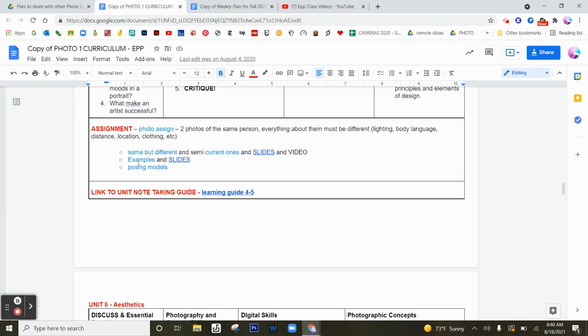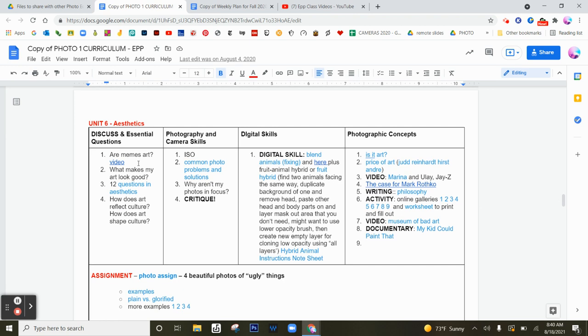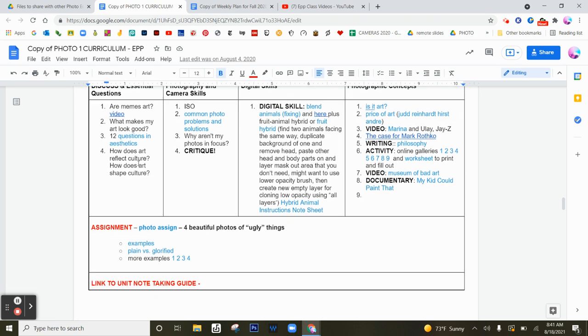So you get a different kind of mood across in both images. And then we go into aesthetics, the philosophy of art and beauty, and have them start looking at whether they can take pictures of quote unquote ugly things, but in a beautiful way, using all of these skills they've learned in the first five units.